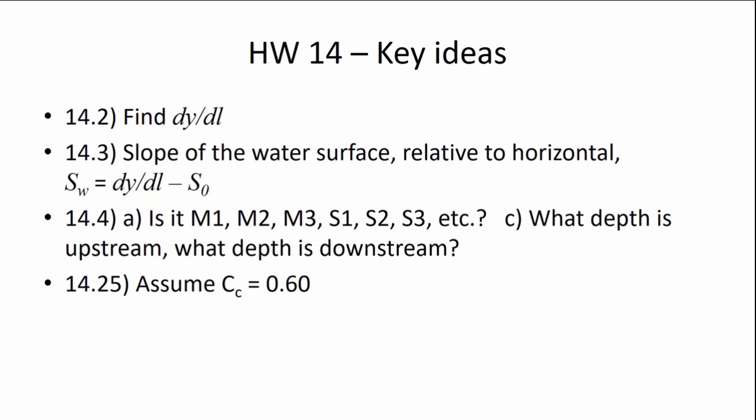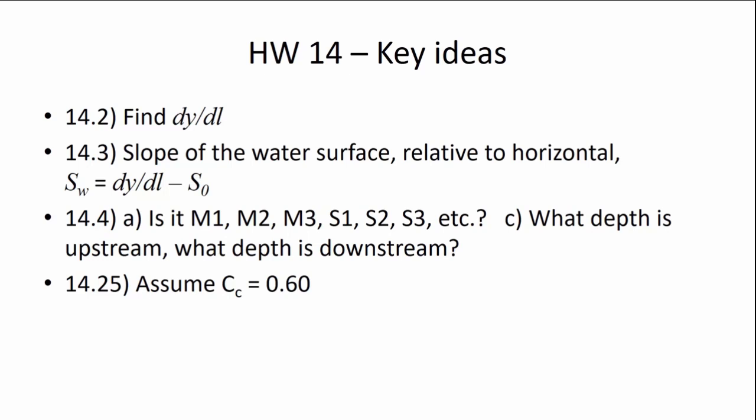It's sort of like what's at the bounds of the gradual variation, because gradually varying flow doesn't vary forever. It eventually matches up with some sort of uniform flow, so it's asking where the controlling depths are, and which one is upstream and which one is downstream.